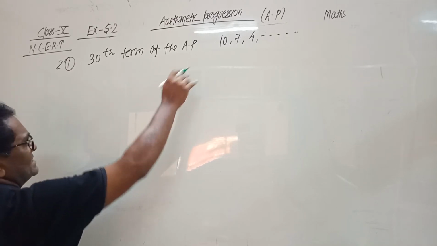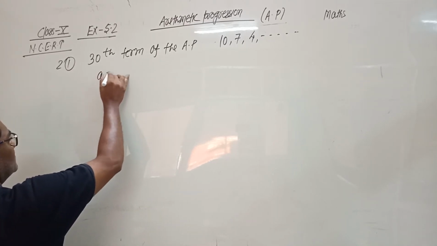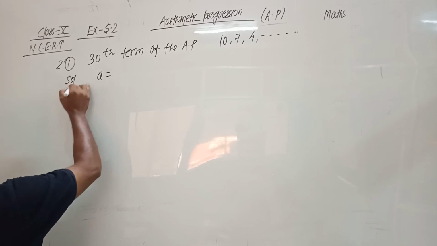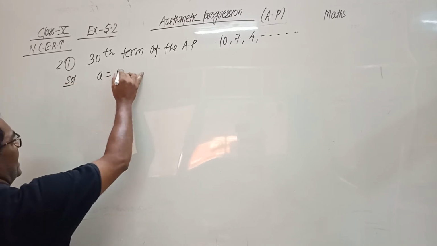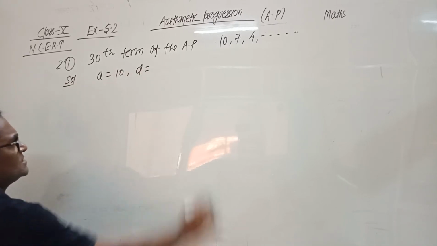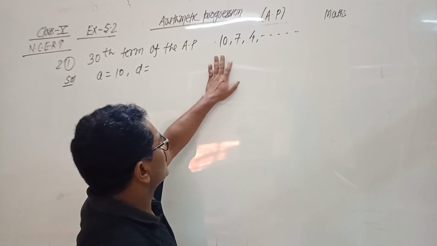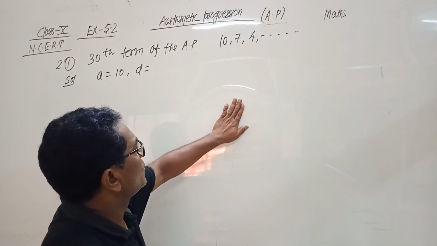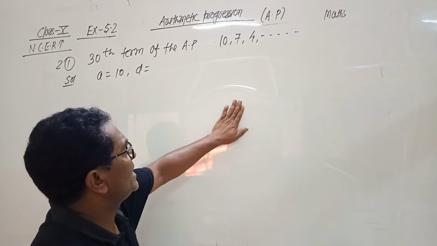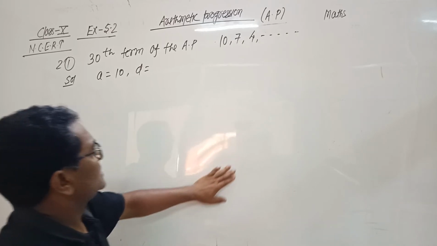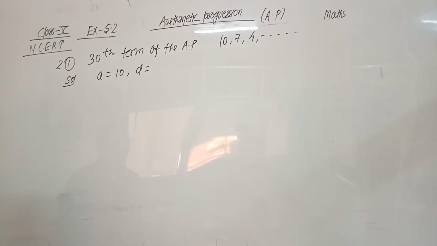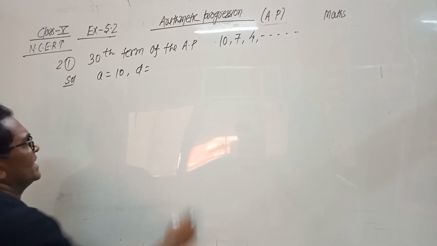So from the sequence, the value of a, the first term, is 10. Common difference is calculated by subtracting the first term from the second term.